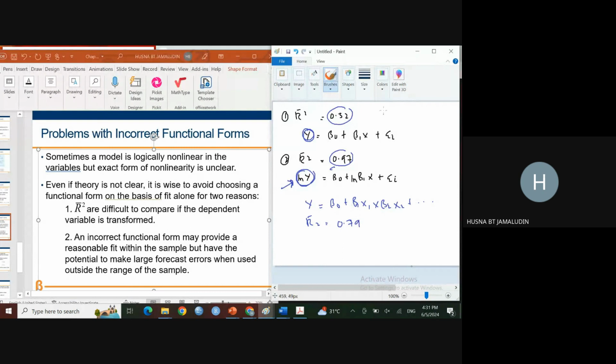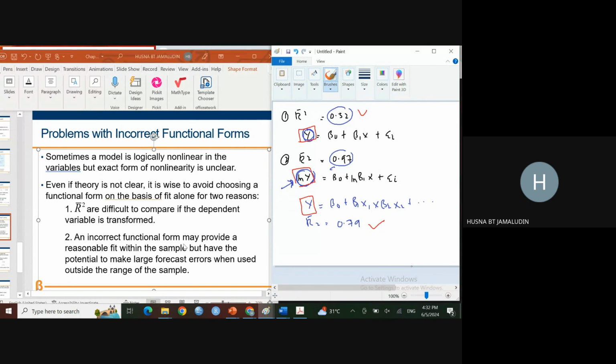So in this case, because your Y is the same, the level is the same, it is linear. You can say this is better compared to this because your dependent are the same, but you cannot compare with a different dependent variable. Never do that. It is not correct. You are comparing different levels, different stages.